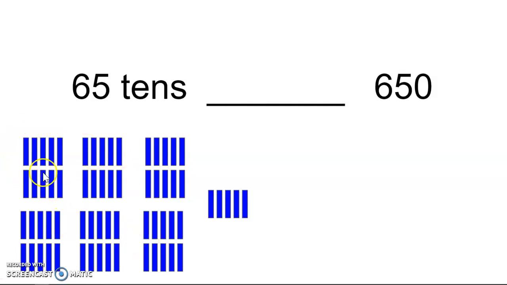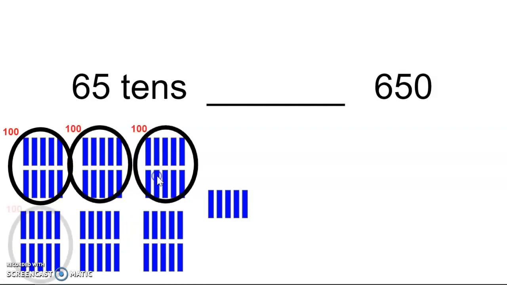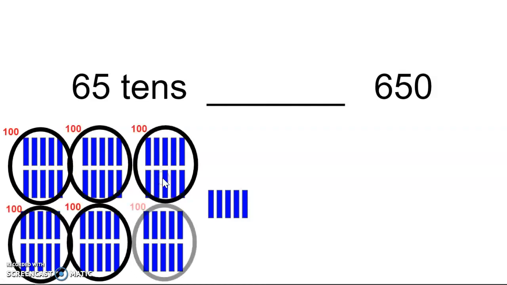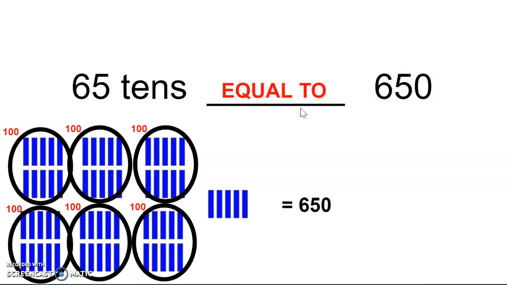I know that 10 tens is equal to 100. So if I have 6 tens, I know that I have 600 plus 5 tens left over, which tells me I have 650. So 65 tens has a value of 650. So if I'm comparing 65 tens to 650, I know that they are equal to each other.